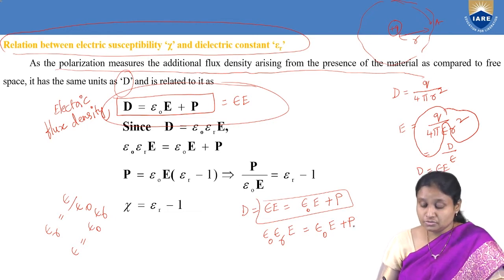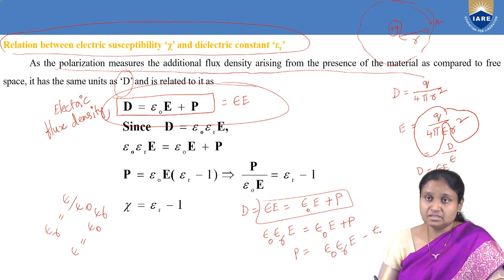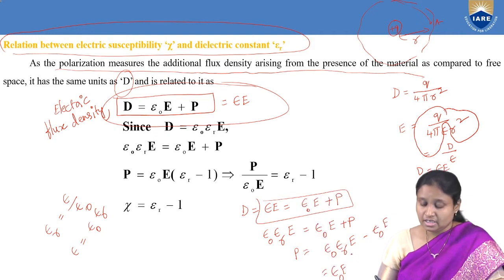Now, keeping P as it is, we take this epsilon naught E to the other side. So this becomes epsilon naught epsilon R E minus epsilon naught E. Taking the common term outside, P equals epsilon naught E times epsilon R minus 1.